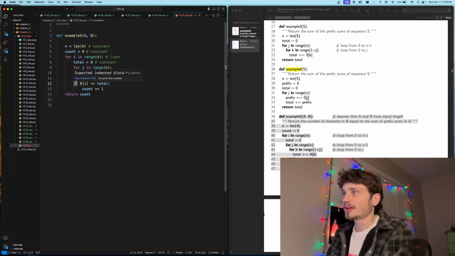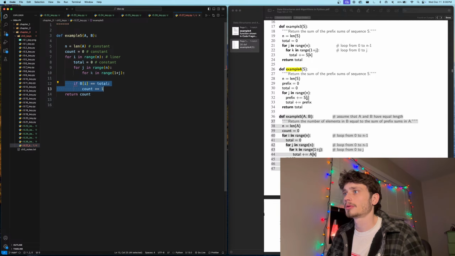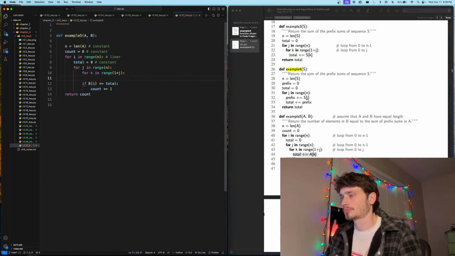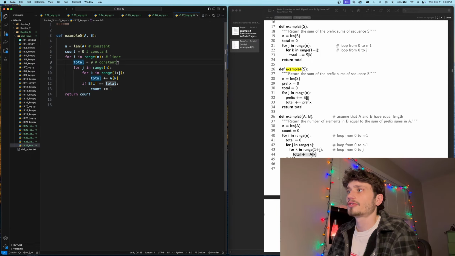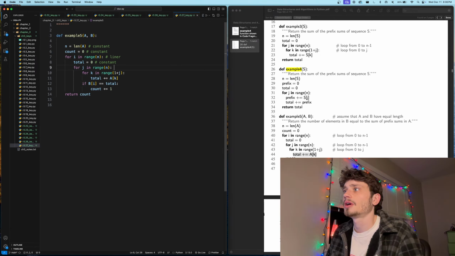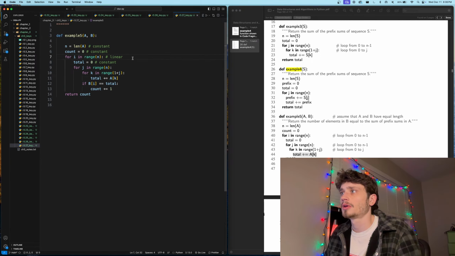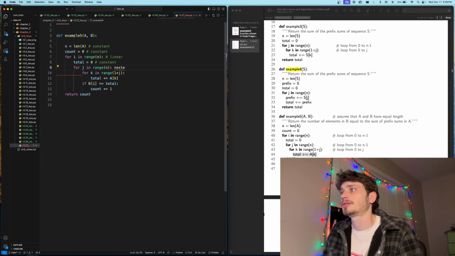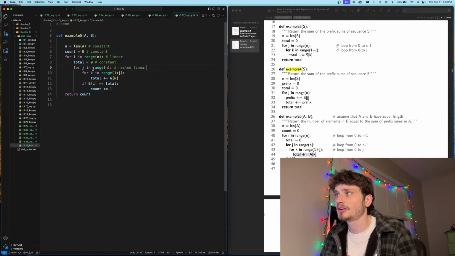So we have an error going on. Unexpected indent going on here. It needs to be here. Oh no, we're missing a line. That's why. Here. There we go. Okay, so this is constant. For j in range. So this is going to be nested, a nested linear.